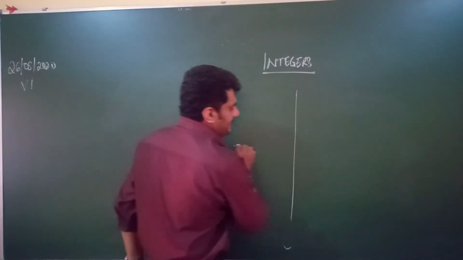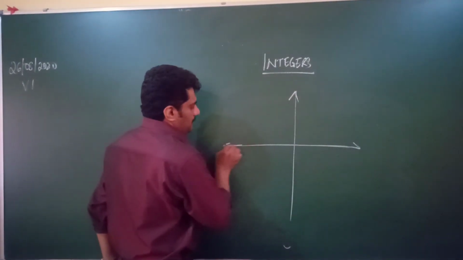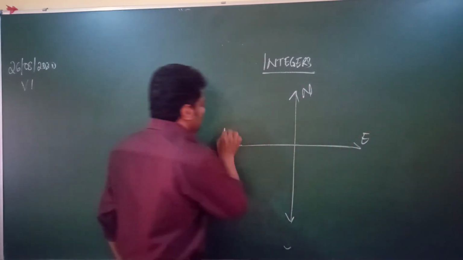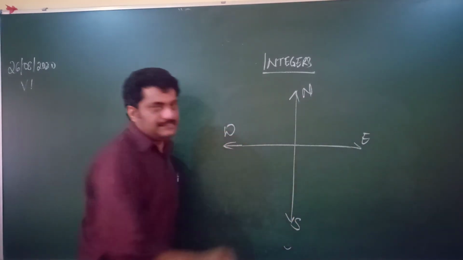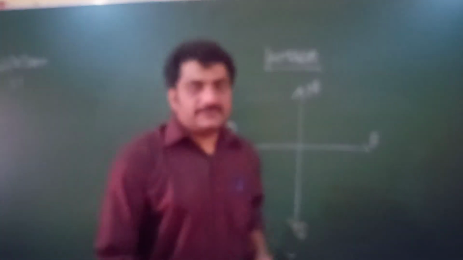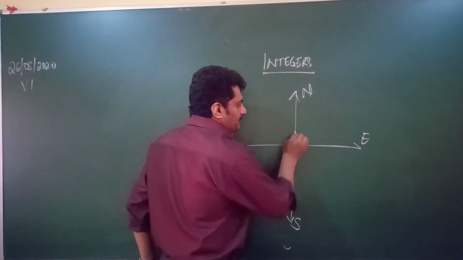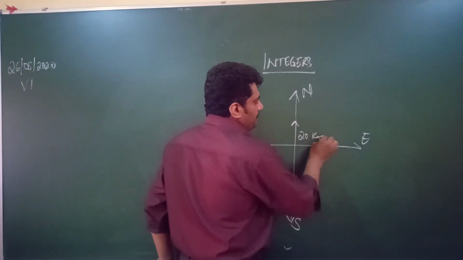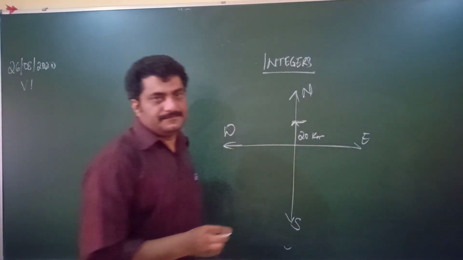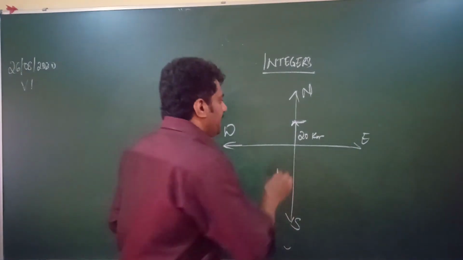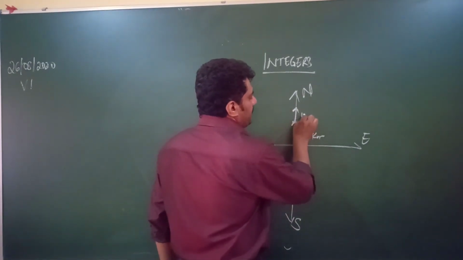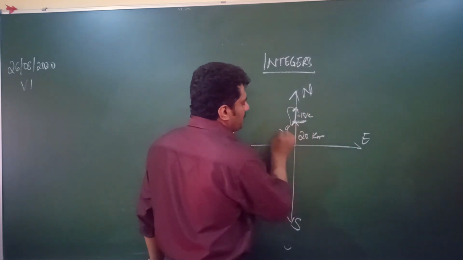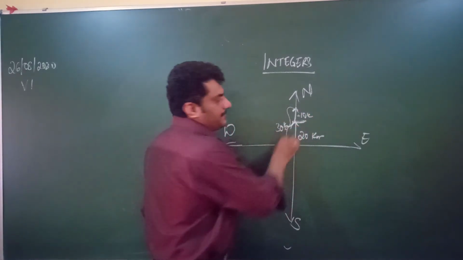Now, let's take one more example. This is north, east, west, and south. Now, you are traveling. When you travel 20 kilometers, you will reach this point. Again, you travel 10 kilometers, so this gets added, and the total becomes 30 kilometers.